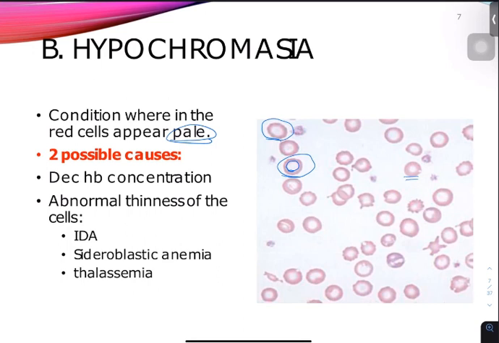What are the two possible causes of your hypochromasia? First is decrease in hemoglobin content. Mababa daw ang hemoglobin ng pasyente mo. Ano yung mga cause nun? Either anemia, or abnormalities on the thinness of the cell: anemia, thalassemia, and IDA, iron deficiency anemia.